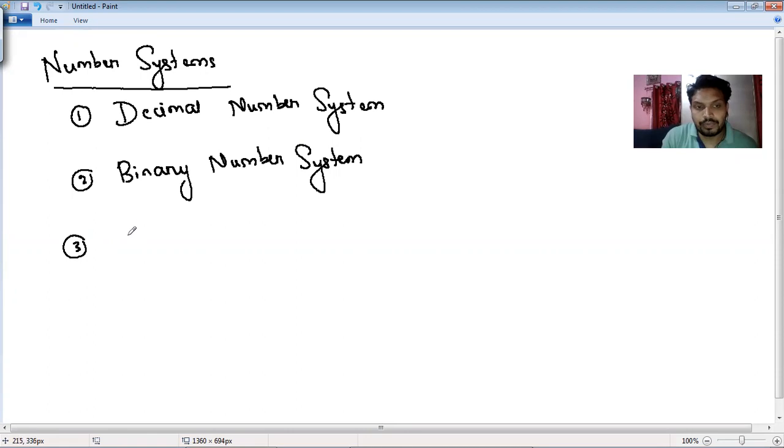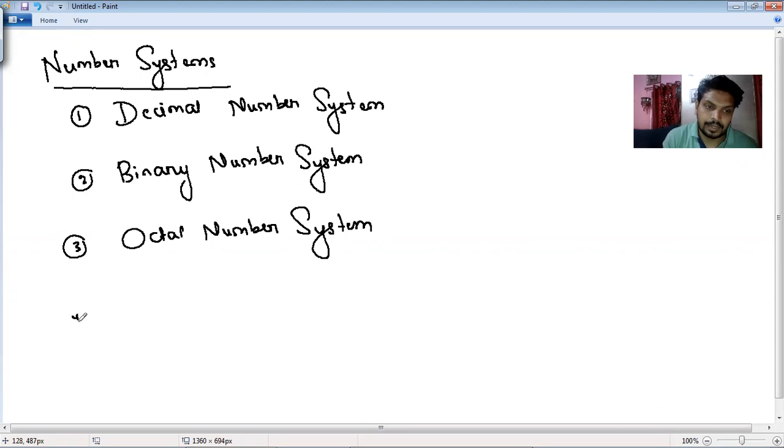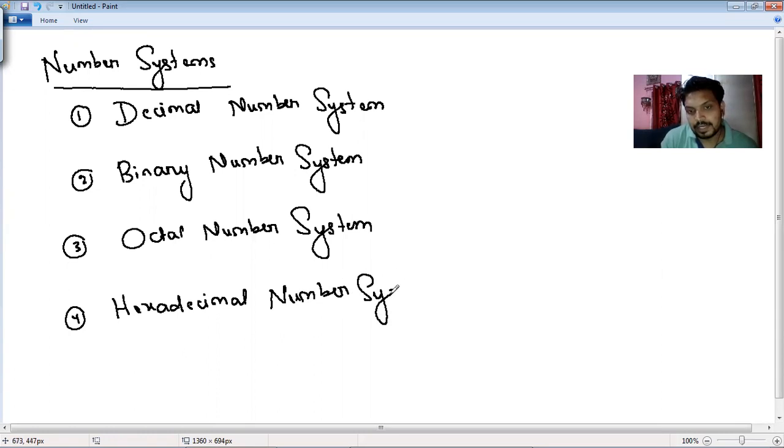Then third, we will discuss about octal number system. And the fourth one is your hexadecimal number system.